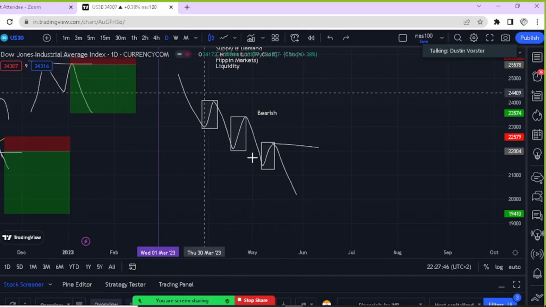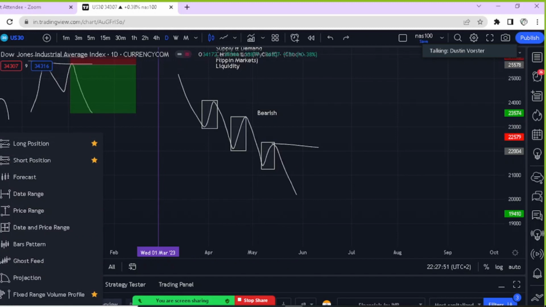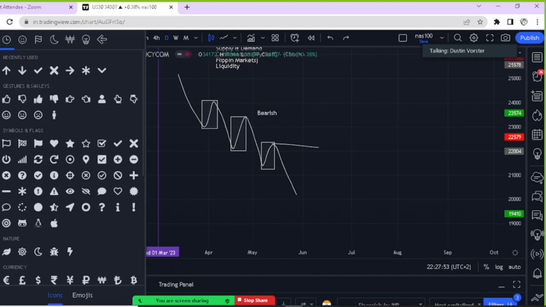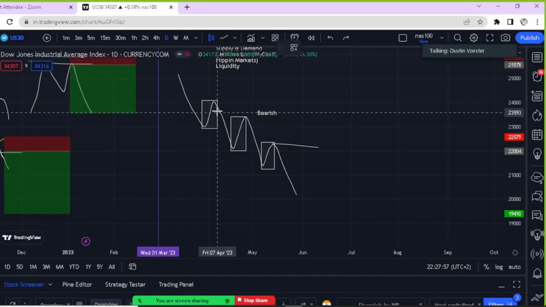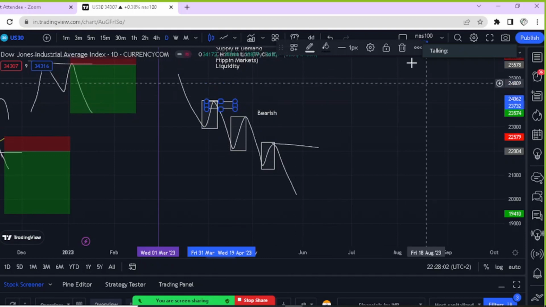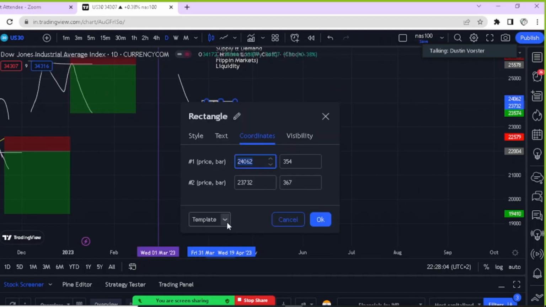After structure we taught supply and demand. I'm just going to put this in, it's going to make for a nice explanation afterwards.